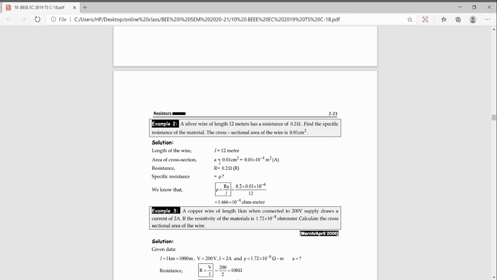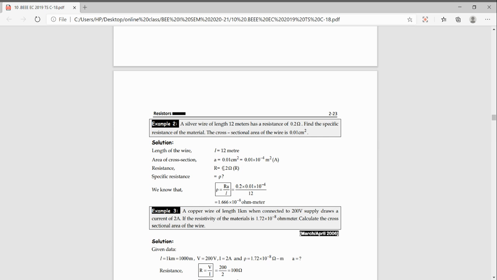Here they have converted centimeter square into meter square. 1 centimeter is equal to 1 by 100 meters, and this is centimeter square, so 1 by 100 whole square will give you 1 by 10,000, which is equal to 10 to the power of minus 4 meter square. So here the area is converted into meter square.